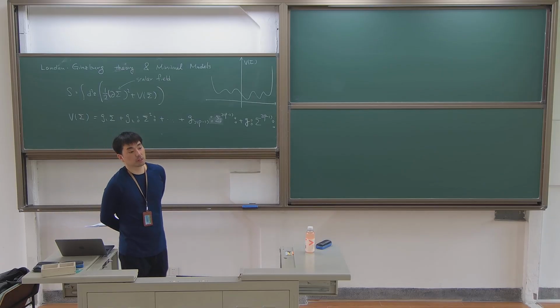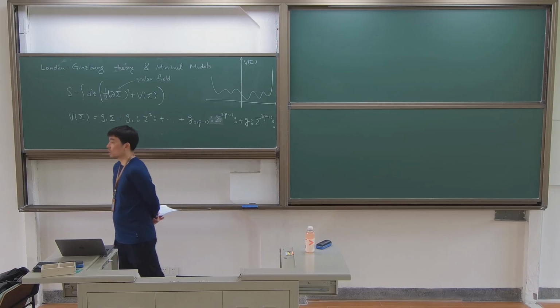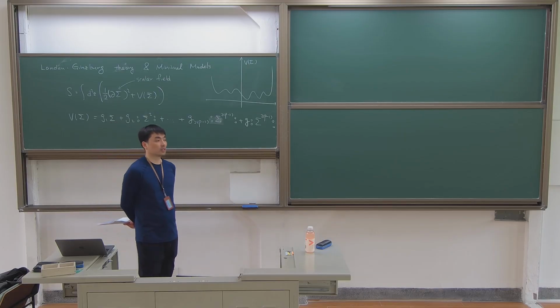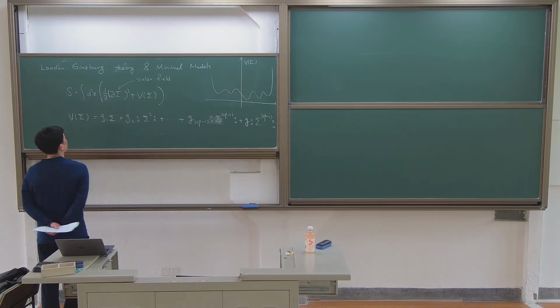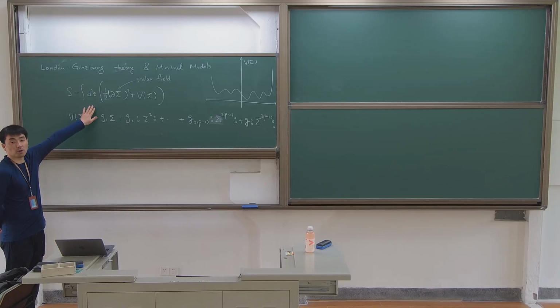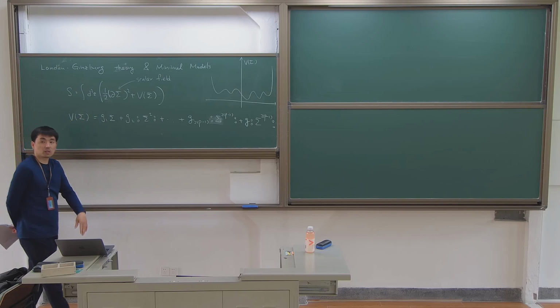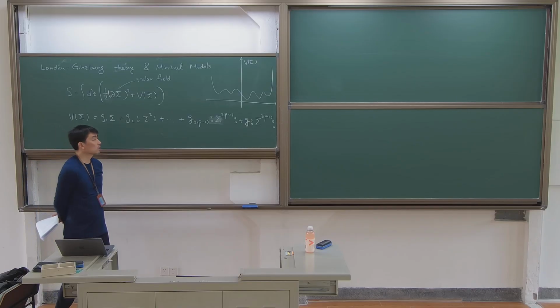So last week we studied the Zamolodchikov theorem. This week we use this theorem to find the Landau-Ginzburg model whose action is written here, close to the minimal model.